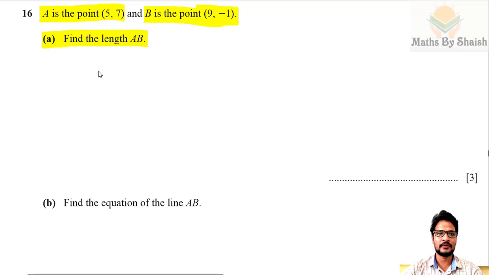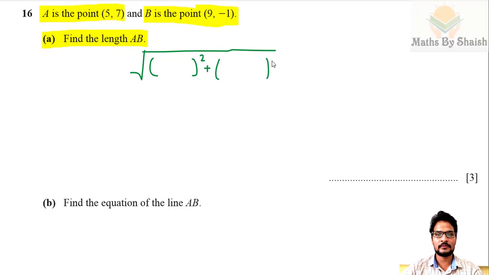So we have the formula for the length of AB, and that is going to be the square root of the sum of the squares of the differences of the x coordinates and y coordinates. I will take (9, -1) as the last coordinates and (5, 7) as the initial coordinates.